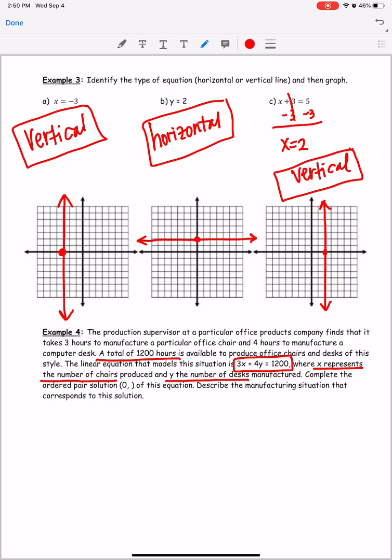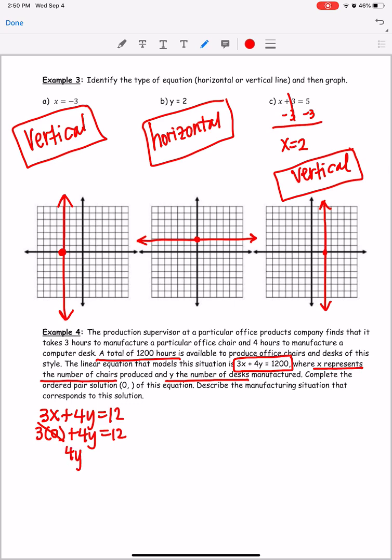So the first part's easy. Complete the ordered pair. So if this is my ordered pair, that means x is 0. We're solving for y. So my equation is 3x plus 4y, and I'm plugging in 0 for x, so 3 times 0. 0 times anything goes away.